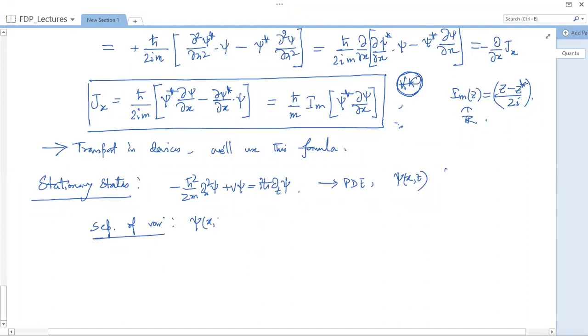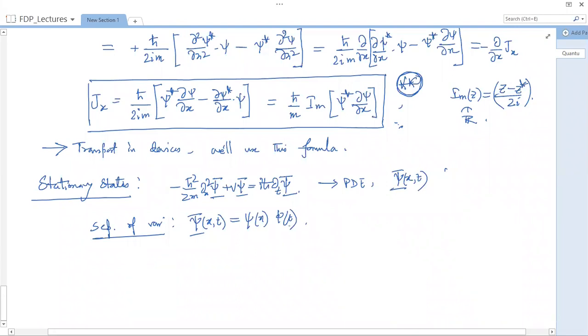Let's call it big psi of x,t is small psi of x times phi of t.